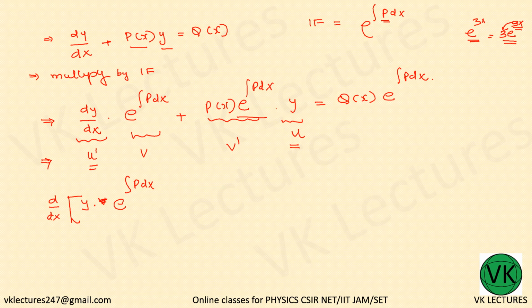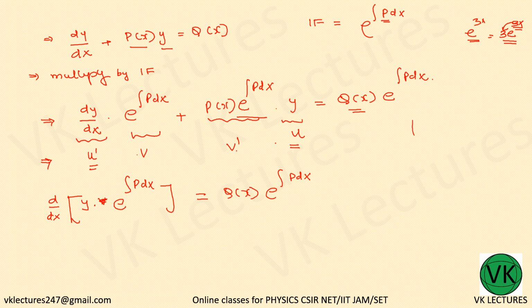Y into e to the power integral p dx should be equal to what? q of x into e to the power integral p dx. Why is this u dash v plus v dash u?